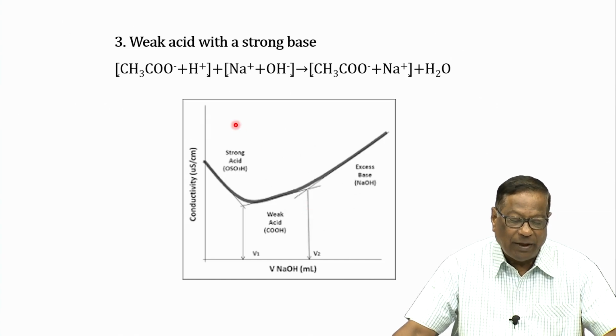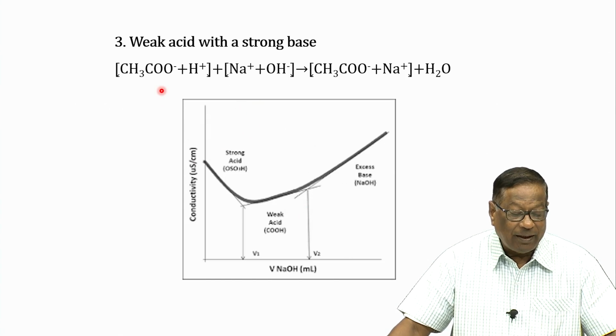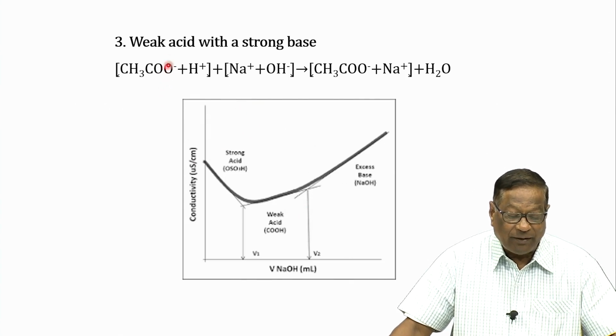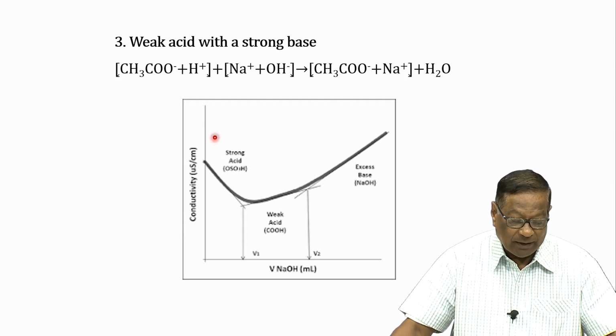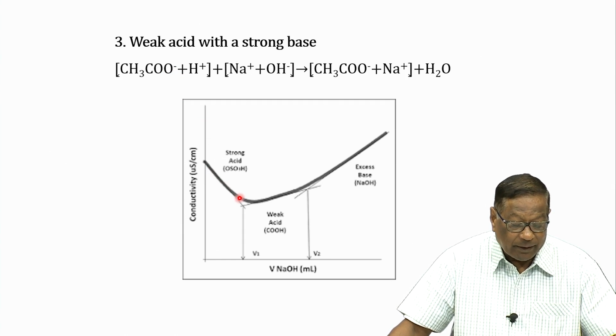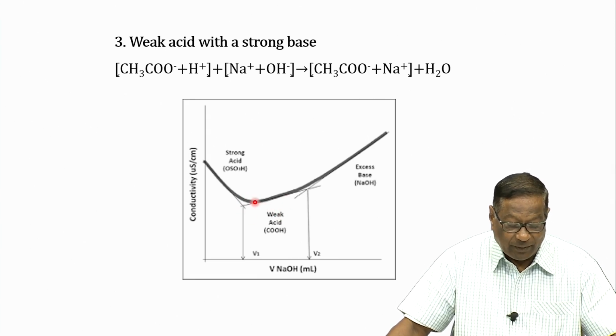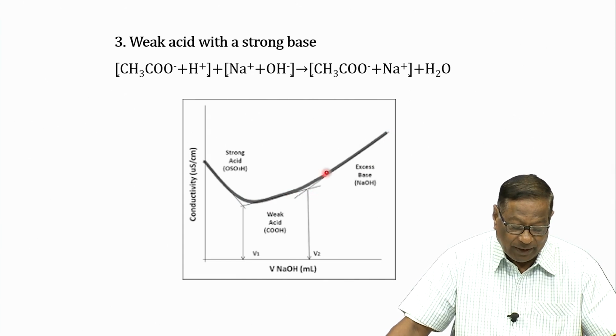Suppose I take weak acid and strong base, then what happens? Here I have weak acid, very less ionization, CH3COO minus, H plus, and a strong acid like SO3OH, etc. The weak acid end point is somewhere here, and then excess base will be here.